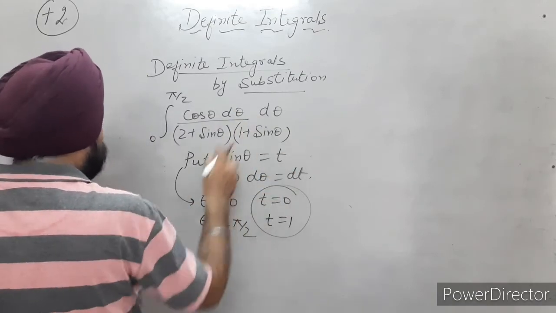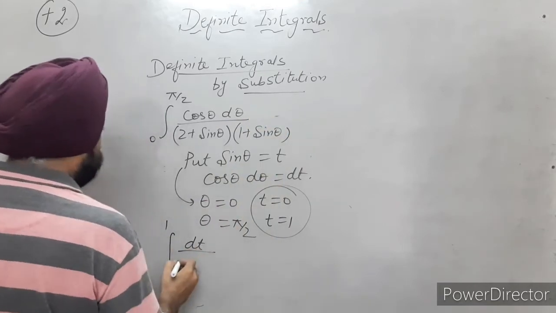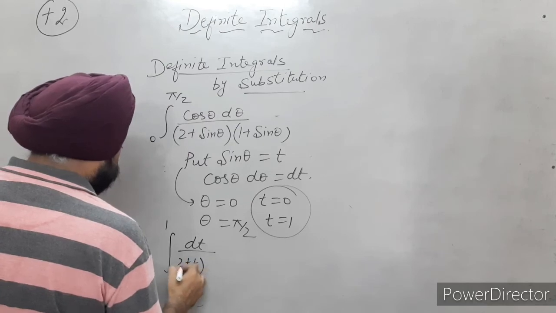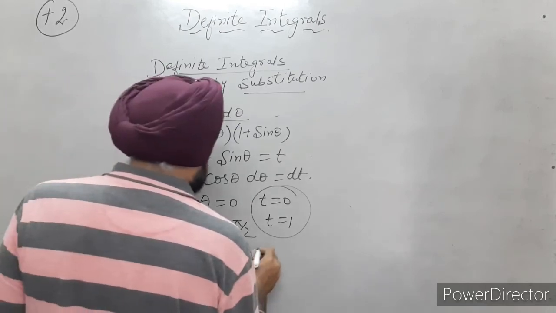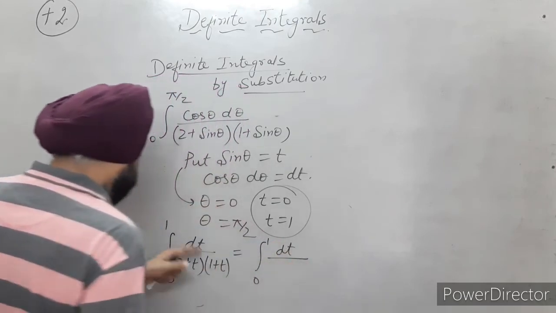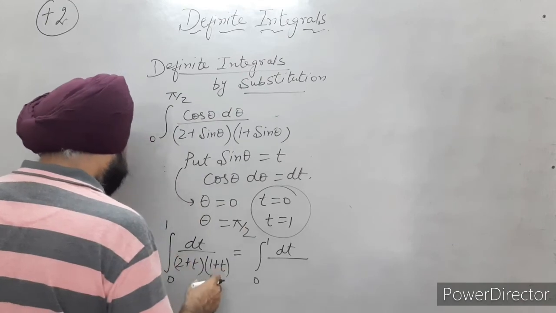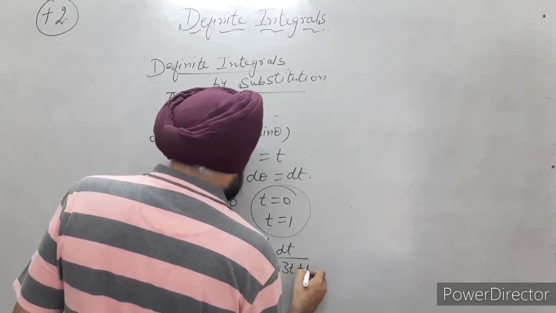Cos theta d theta is dt, divided by 2 plus t and 1 plus t. This is the integral from 0 to 1 of dt upon, open the brackets, 2 plus 2t plus t, 3t plus t square.